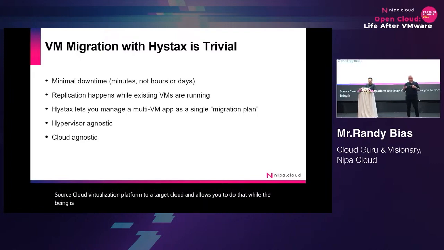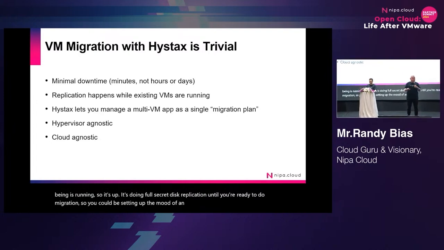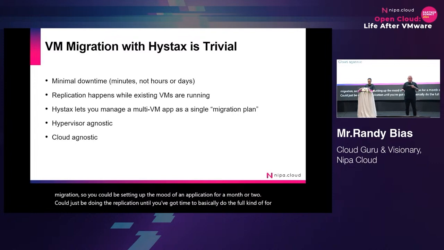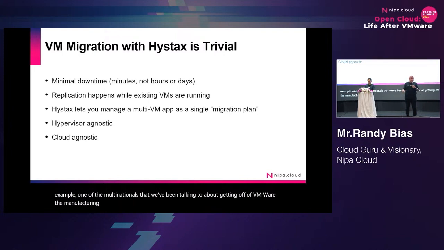So it's up, it's doing full synchronous replication until you're ready to do a migration. You could be setting up the move of an application for a month or two, and it could just be doing the replication until you've got time to do the full cutover. For example, one of the multinationals that we've been talking to about getting off of VMware is a manufacturing company that has a lot of manufacturing in Thailand.